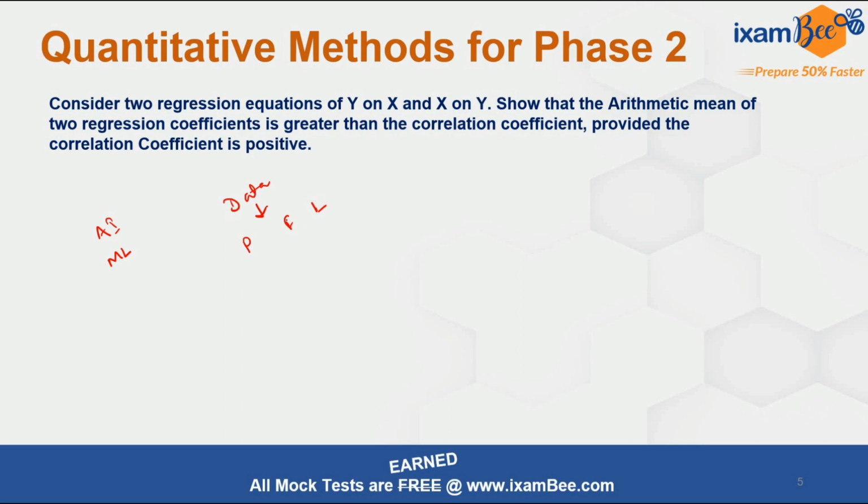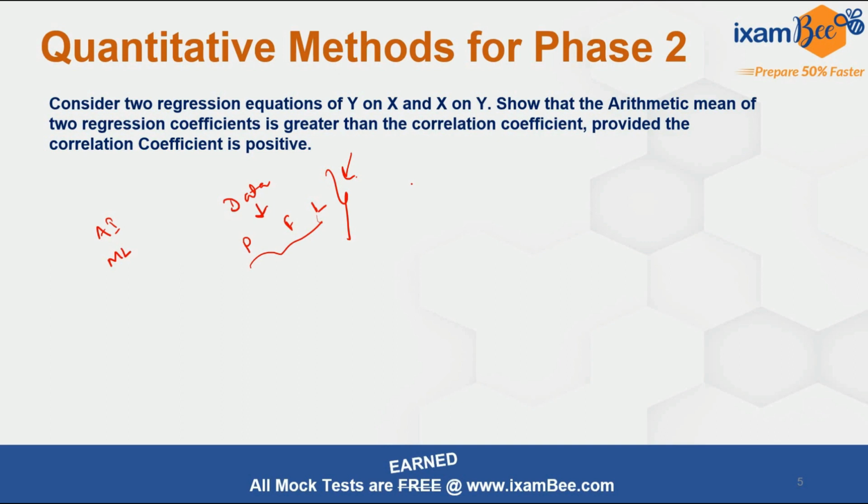So you should be clear about the different price indices, what are the formulas and how we calculate. Then you could be asked to check for the test of adequacy of these price indices, whether it satisfies the circular test, whether it satisfies the factor reversal test. All of these things you should know, and you could be given data and asked to check this.